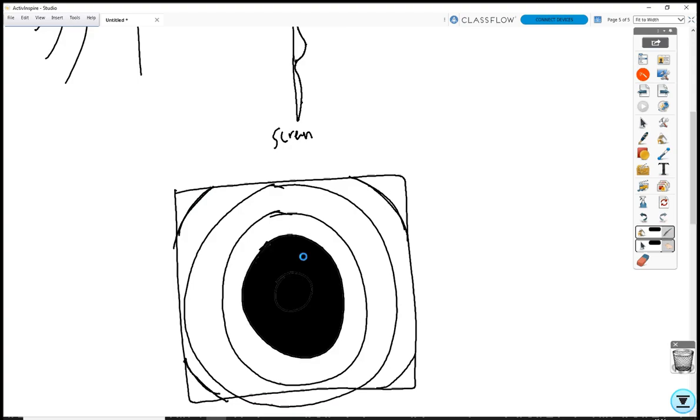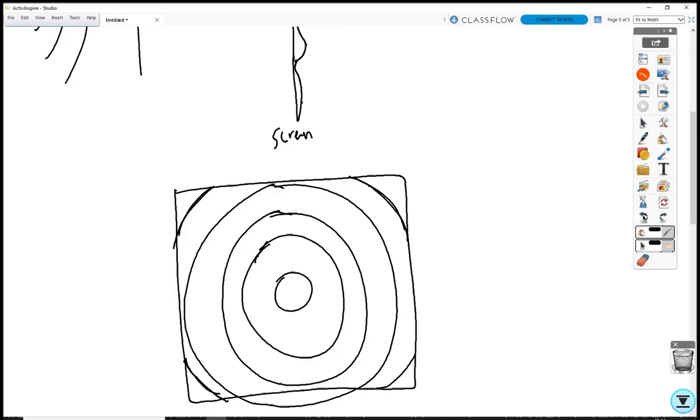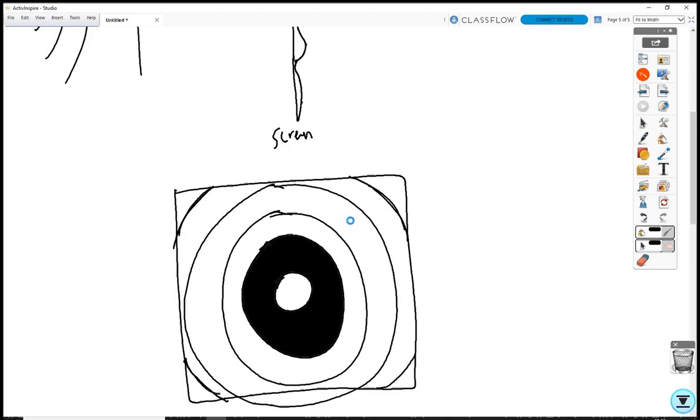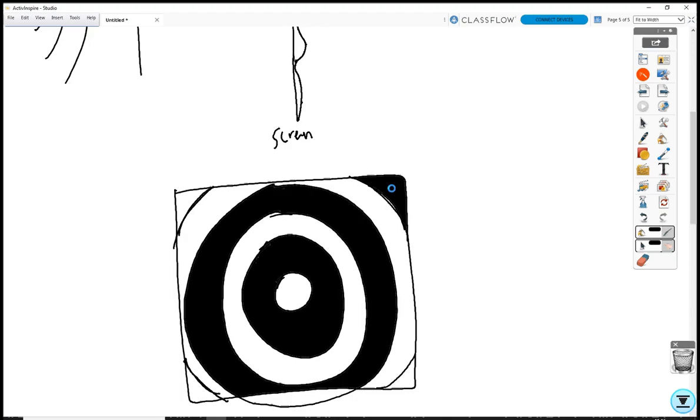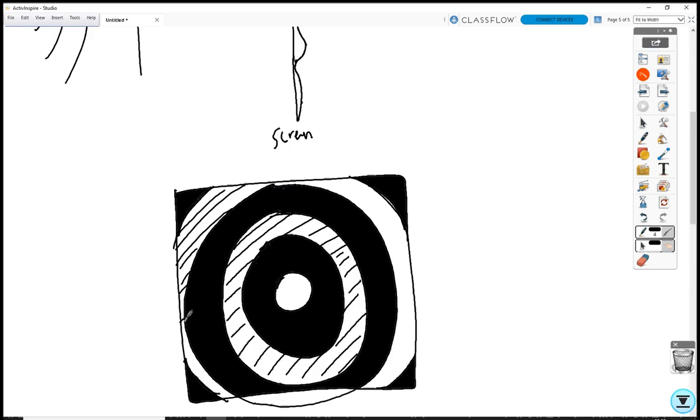So the way I'd like to do this is to use the paint bucket tool to fill in the dark rings, like so. And then to illustrate the fact that the other rings are less bright, I'll do that by shading them in. And then the next ring is much less bright.